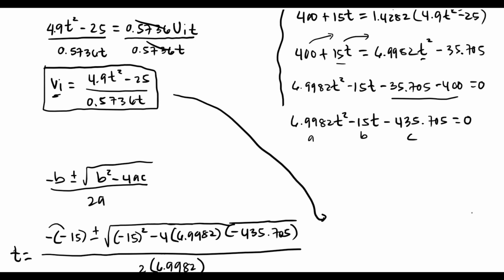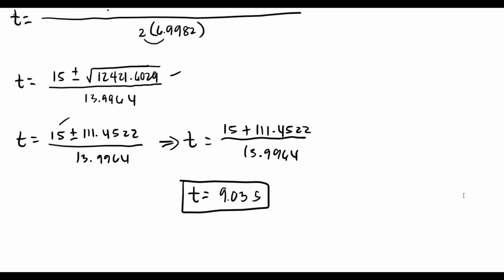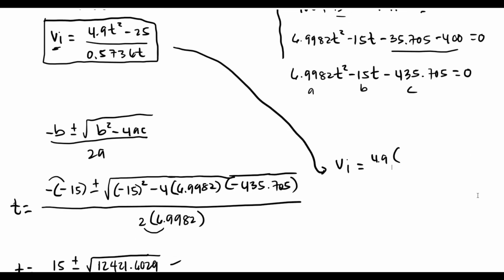Then from this, we can now find the initial velocity from this equation. To find the initial velocity to hit the tank, we have 4.9 times the time, and the time is 9.03. So this is 9.03 to the power 2, minus 25, over 0.5736 times 9.03.